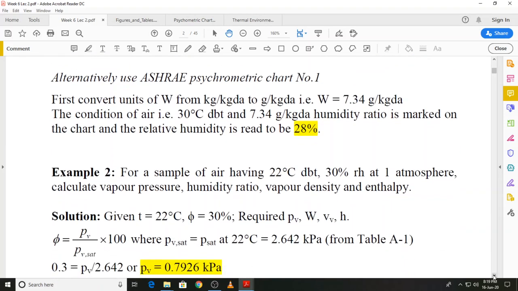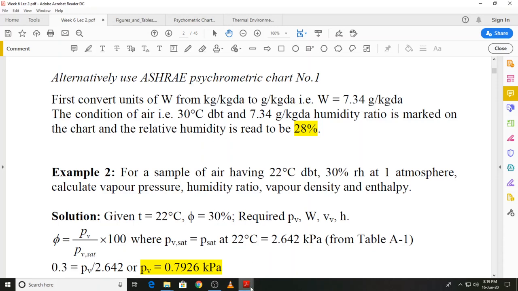When we move on to the psychrometric chart, do remember that the humidity ratio on ASHRAE psychrometric chart number 1 has units of grams per kilogram dry air. So we need to convert the given humidity ratio from kilogram per kilogram dry air. You just multiply it by 1000. That comes out to be 7.34 grams per kilogram dry air.